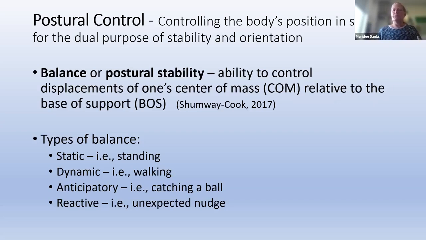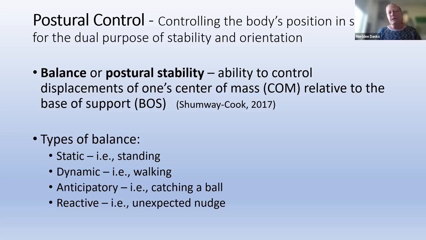Balance, or postural stability, is the ability to control any displacement of one's center of mass relative to the base of support. So our base of support is our feet on the ground. If we have a cane, that can increase our base of support. A walker can increase it more. But how stable are we keeping our body over our feet?